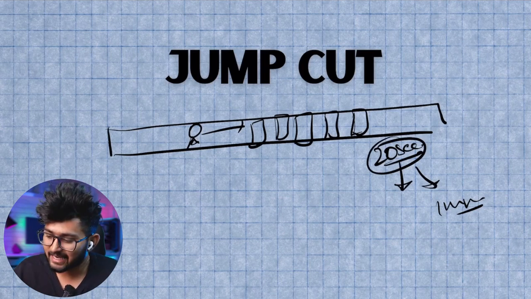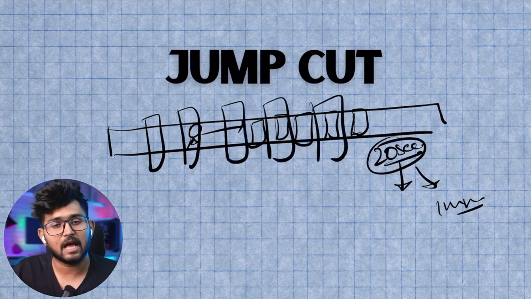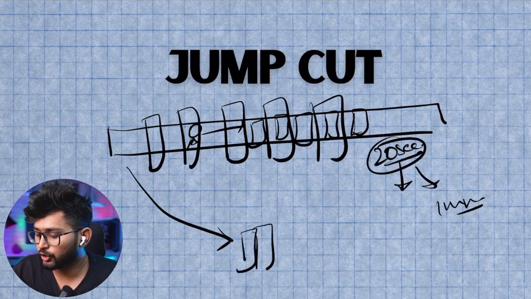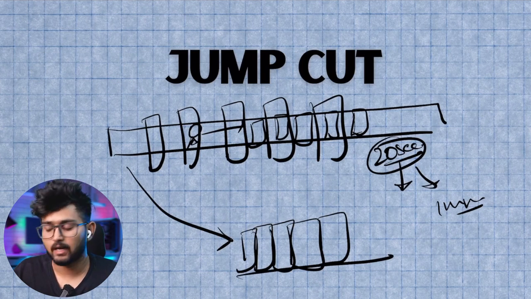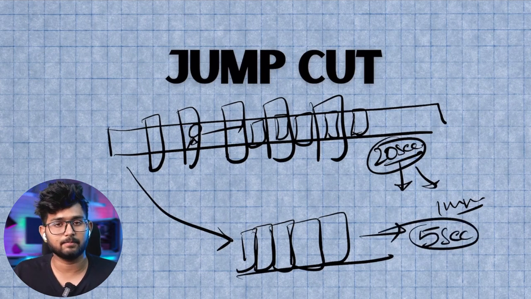So what do you do? You cut it in between the scenes. You cut it here, here, here, here, here. You'll have multiple cuts in between, and finally, you speed up the time, and you might end up getting a 5-second scene. That's it. Simple.